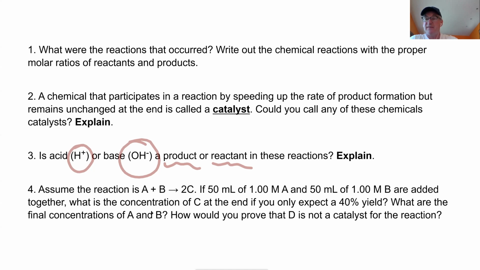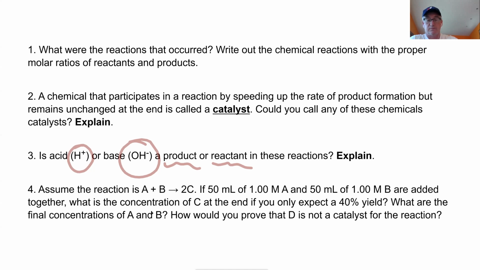What would happen if hydroxide ion was a product of our reaction? How would we know? Right, Nan, we'd measure the pH. So what would happen to the pH if hydroxide ion was a product?